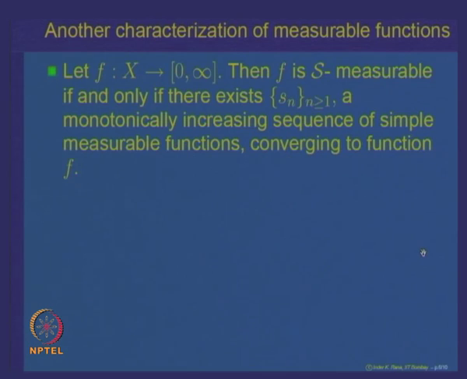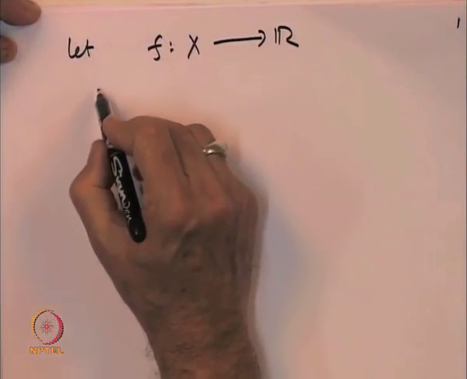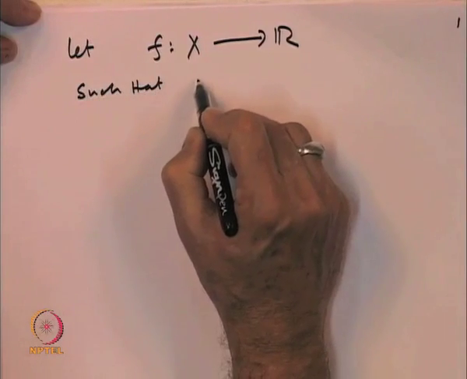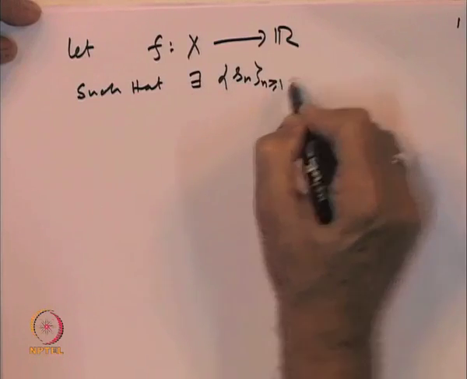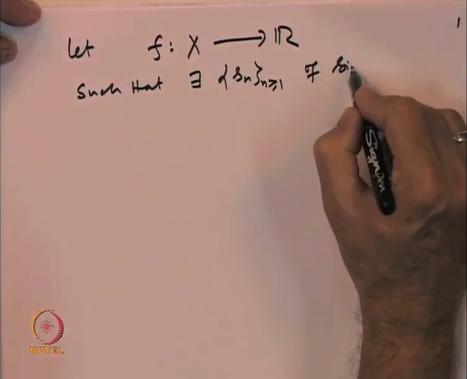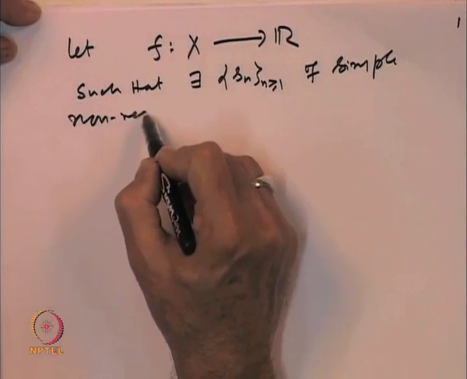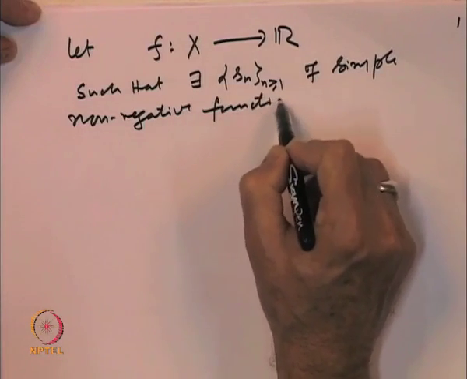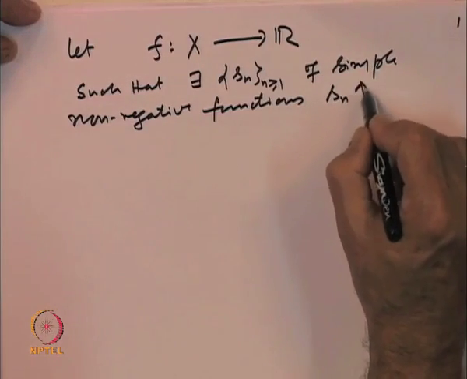So, let us start with, let f be a function from X to R, and we are given a sequence such that there exists a sequence S n of simple non-negative functions S n increasing to f.